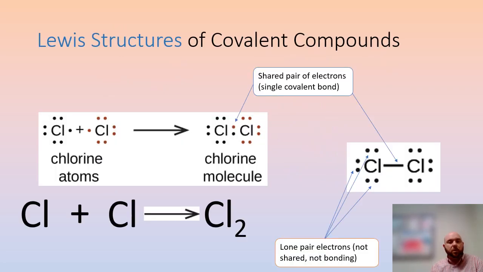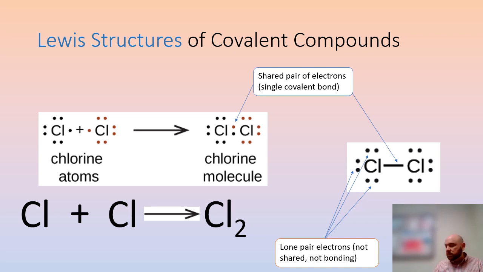When we draw the Lewis structures of covalent compounds, when we combine the Lewis symbols of atoms together to show a covalent bond being formed, we show that bond with a line connected between the 2 atoms. And on the atoms, we also draw how many lone pairs of electrons are surrounding the atoms. You can see this is a model of the previous slide's covalent bond that we just looked at, the Cl2 molecule.